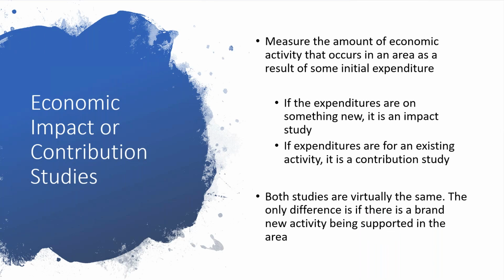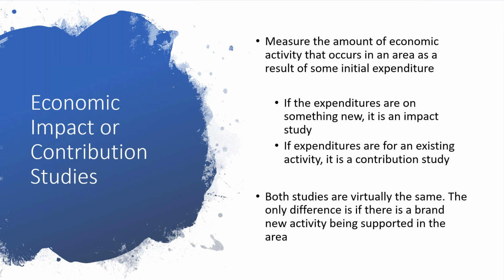Economic impact and contribution studies are basically the same thing. The difference is that the impact study terminology is generally used when you're predicting something that doesn't exist in the economy now. We're going to bring in a new factory. We're going to start doing something different with agricultural products. An impact study is to predict the impact of something new.